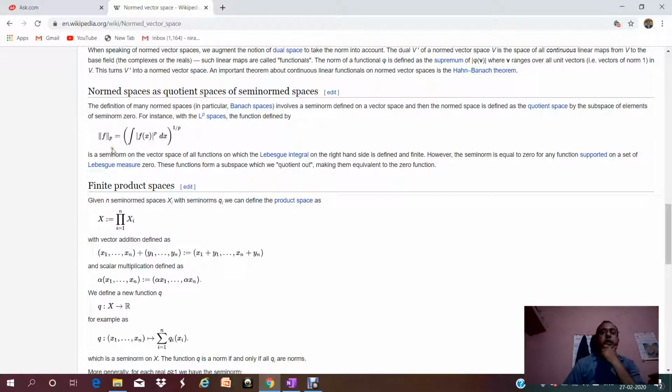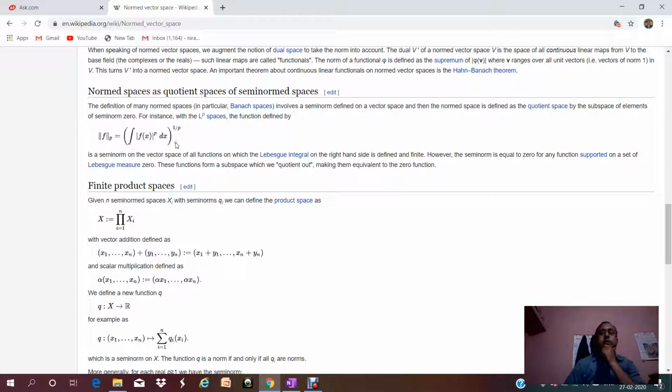If the order of the norm is P, then the norm on any function is defined by the integration of the modulus of the function to the order P, and then the pth root.